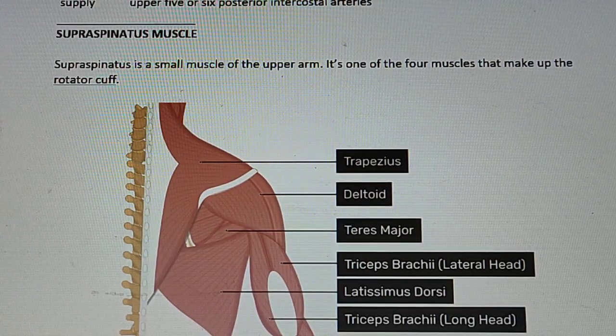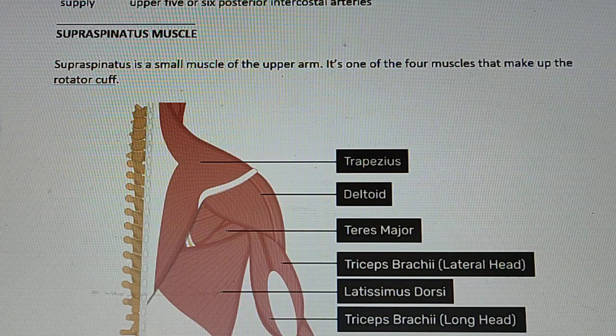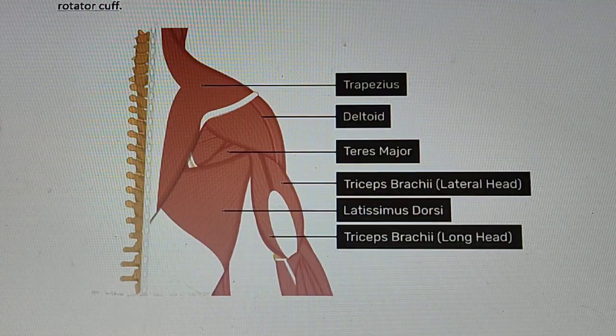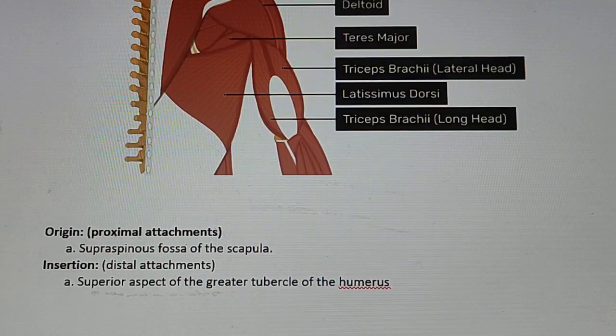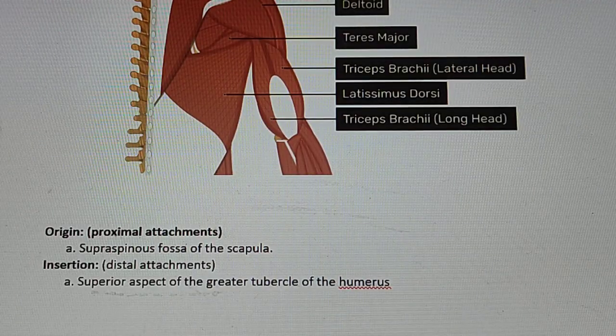Next we're going to discuss the supraspinatus muscle. Like I said, it's one of the rotator cuff muscles. It's located on the upper portion of the scapula. So there is information here and a picture. Just take a look at it. Okay, the origin and the insertion of the supraspinatus muscle are in here.